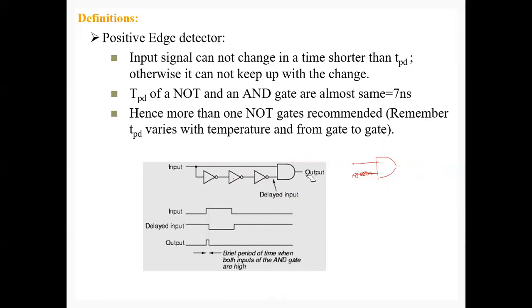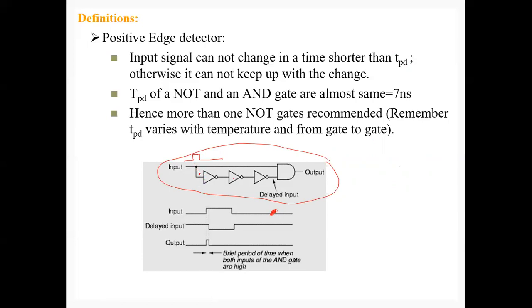Let's say you have the delayed input here, then what is the behavior of the circuit? How does this behave? Suppose this is the input you give here, like this. What is the delayed input here?